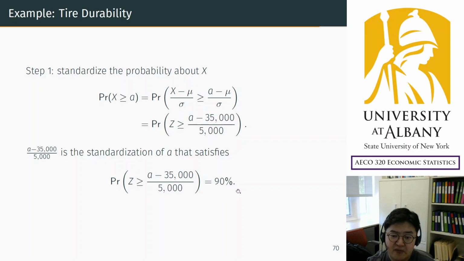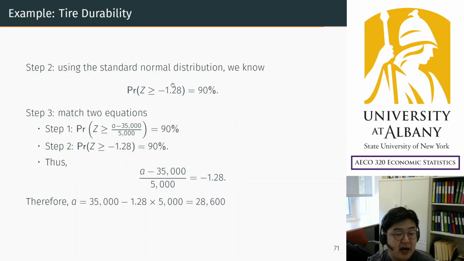So the same form, but we are wondering what comes in this place. That is minus 1.28, right? We practiced this before. So this is the 10 percentile, right? Because the upside is 90%, from the bottom it is 10%. So minus 1.28 is the 10 percentile of the standard normal distribution.